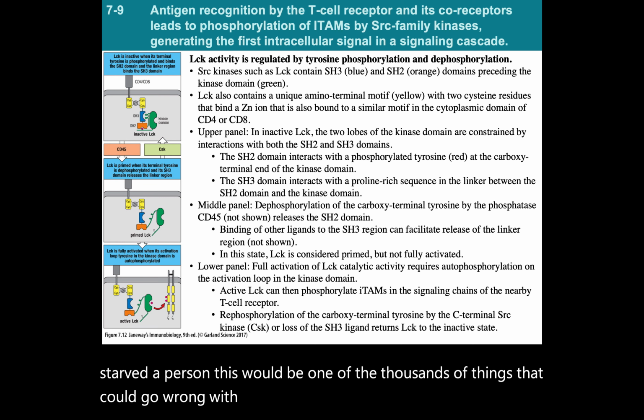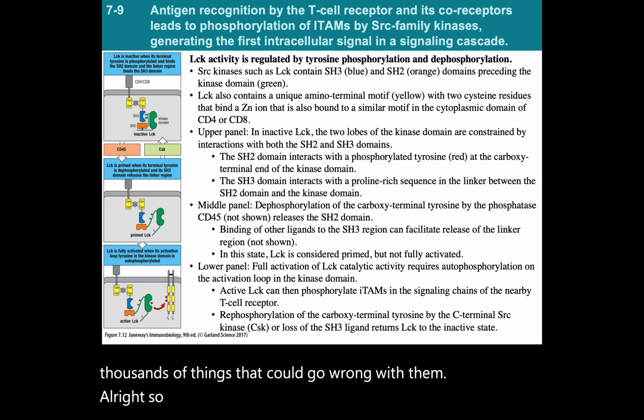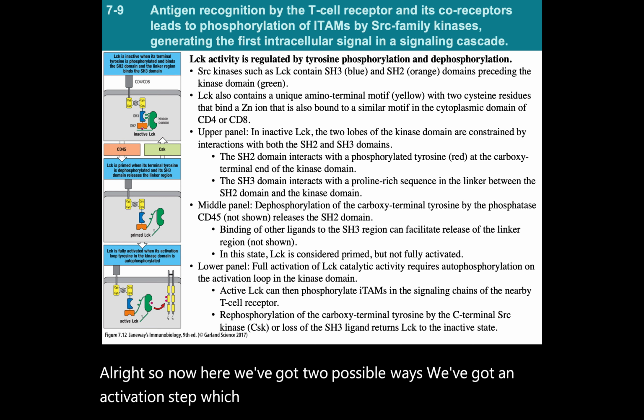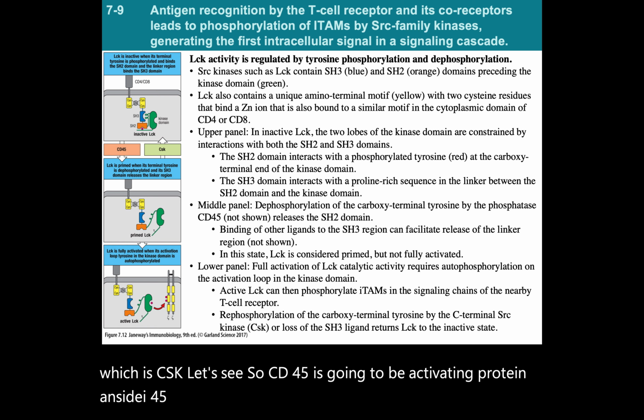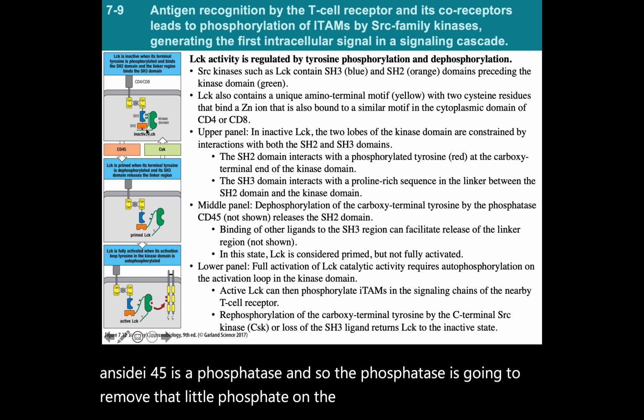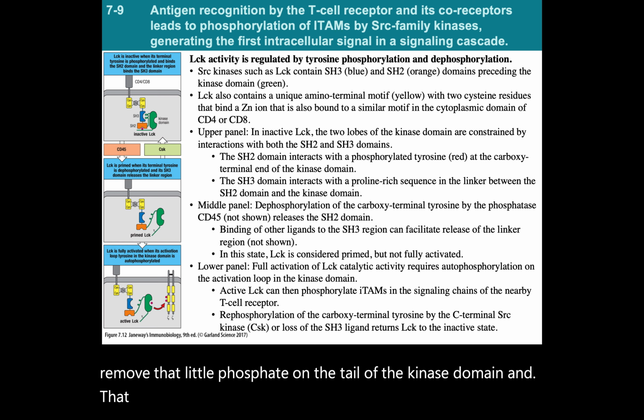All right. So now, here we've got 2 possible ways. We've got an activation step, which is CD45, and we've got an inactivation step, which is CSK. Let's see. So CD45 is going to be the activating protein, and CD45 is a phosphatase. And so the phosphatase is going to remove that little phosphate on the tail of the kinase domain, and that is going to prevent the SH2 from binding.